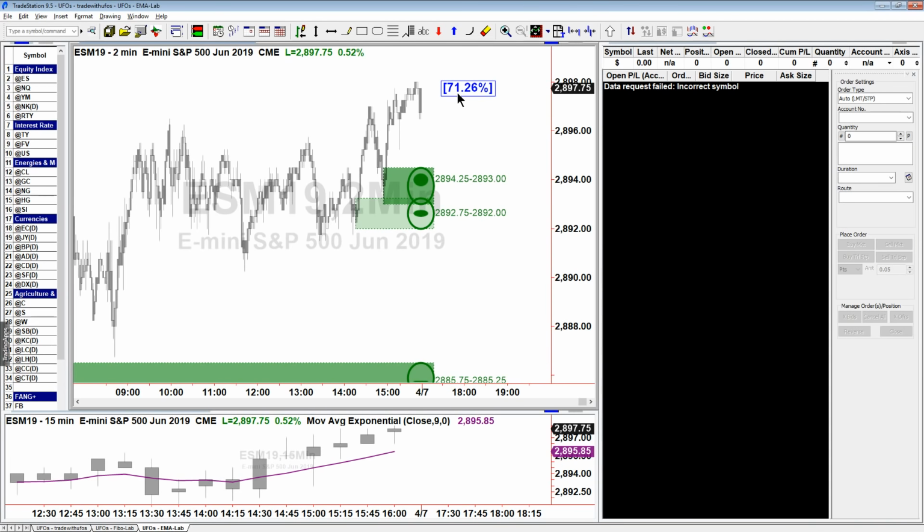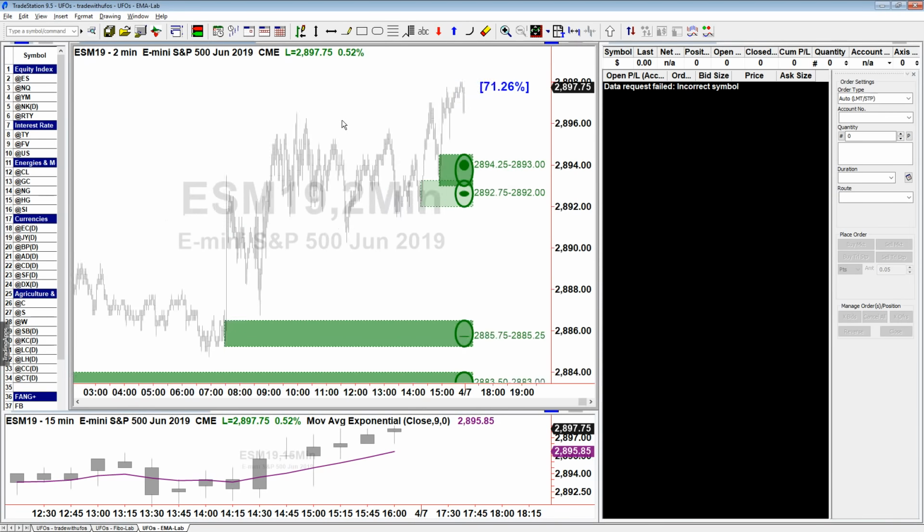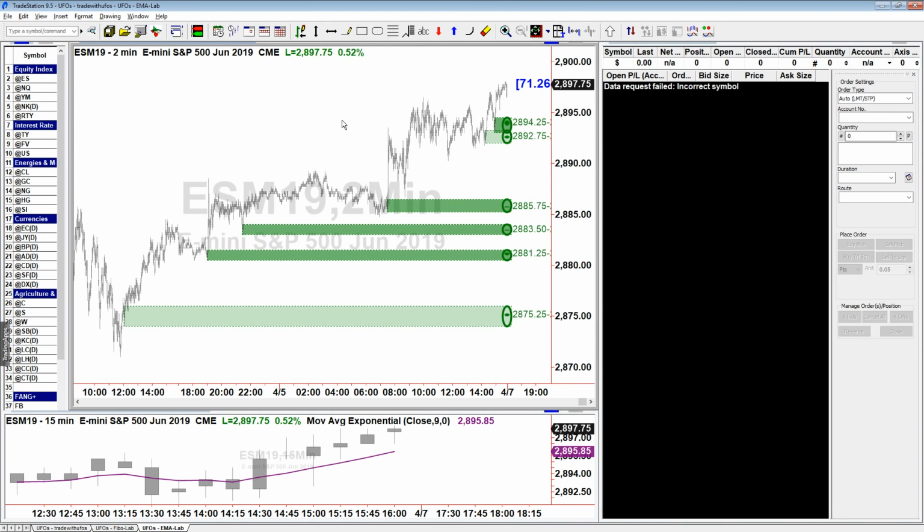Okay, but at the same time, normally what would happen in most cases, if I zoom out, is that there are too many AutoUFOs. There are too many zones, okay? And that's good, because that gives you many trades to be taken, okay? But we are not computers, we are human. And if I give you 55 trades per day, probably you cannot take them all.